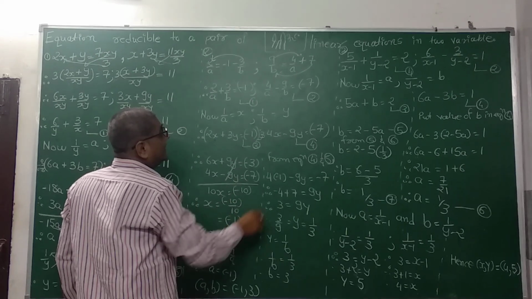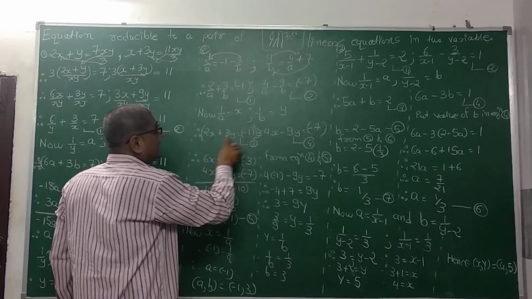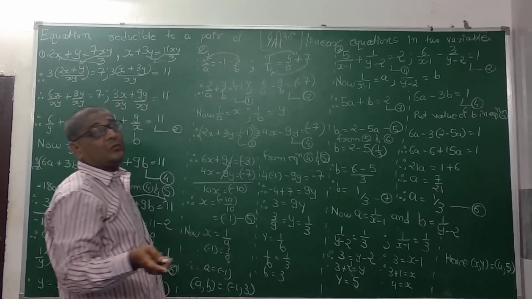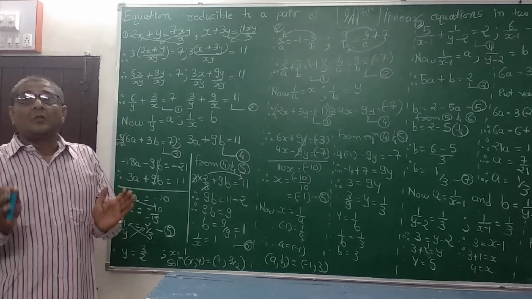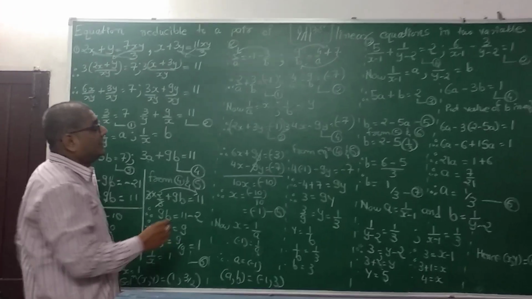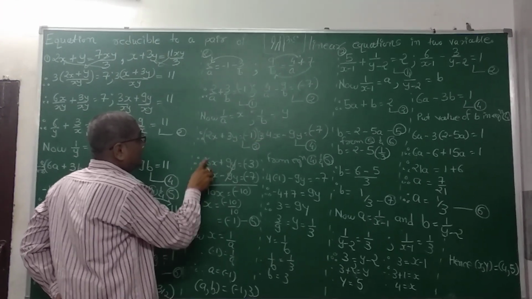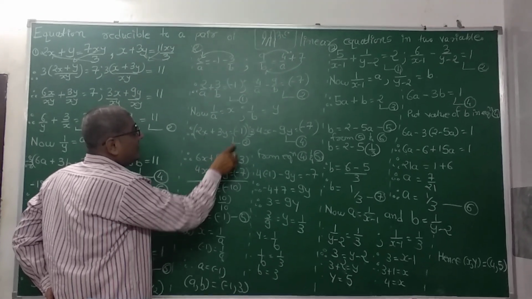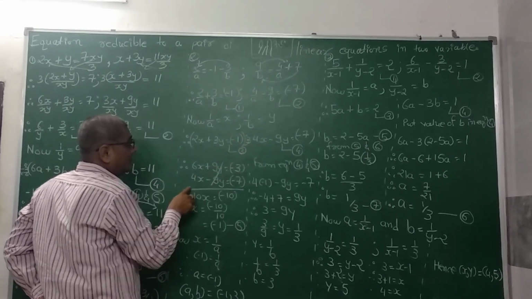Why 3? Because the coefficients of y have plus and minus signs. The opposite sign is already there, so we have to make the coefficients the same by multiplying. After multiplying by 3, that is 6x plus 9y is equal to minus 3, and equation 4 as it is.